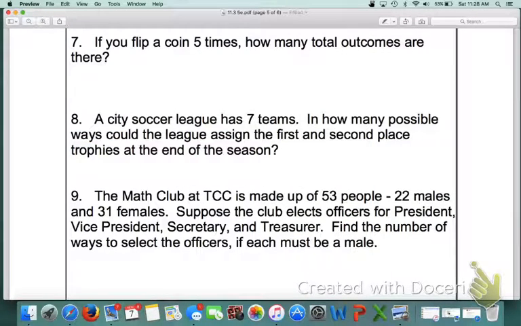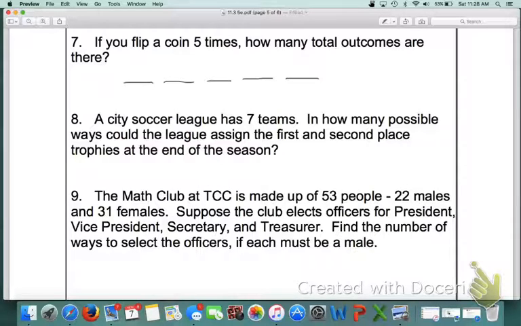This next example, number 7, says, if you flip a coin 5 times, how many total outcomes are there? Okay. So when we flip a coin, remember that it can either land on heads or it can land on tails. Okay. So if we flip this coin 5 times, we're going to have 5 different slots we can look at. Okay.